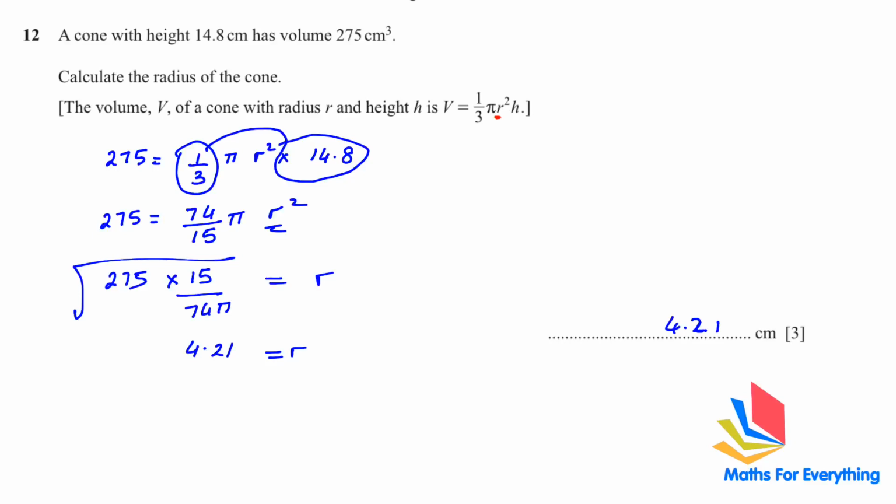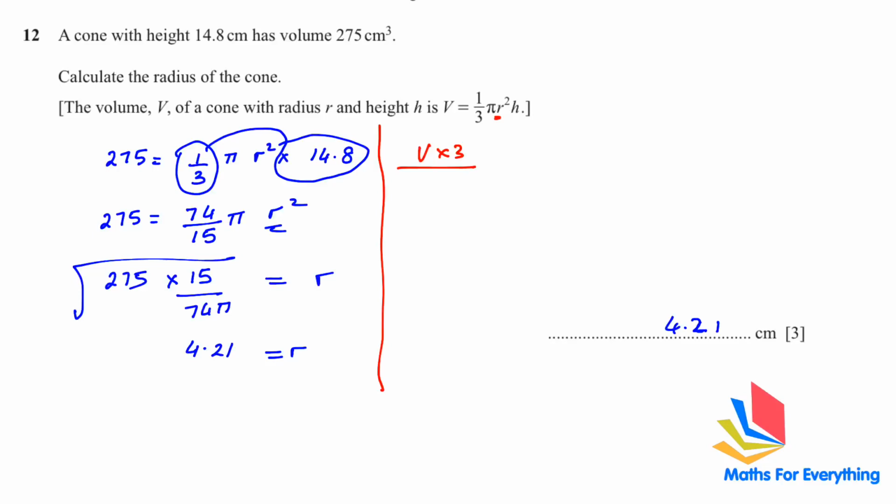I personally prefer that if you know changing of subject or making the formula variation, then that's a good idea. You want to make r the subject, okay? So we are using the same thing which I told you. Whatever is in the denominator, you bring it up. We have only 3 in the denominator.